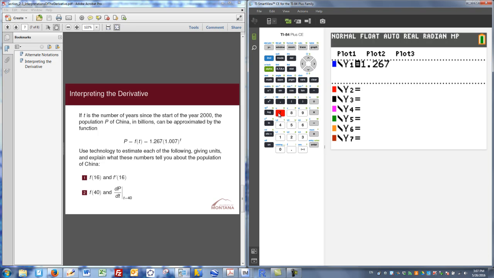1.267. If you have a graphing calculator, I'm using a TI family calculator. This is the new TI-84 CE, but any TI-83 or 84 keystrokes will be very similar to what I'm doing here. 1.007, and then raise that to the x power, and there is our function.